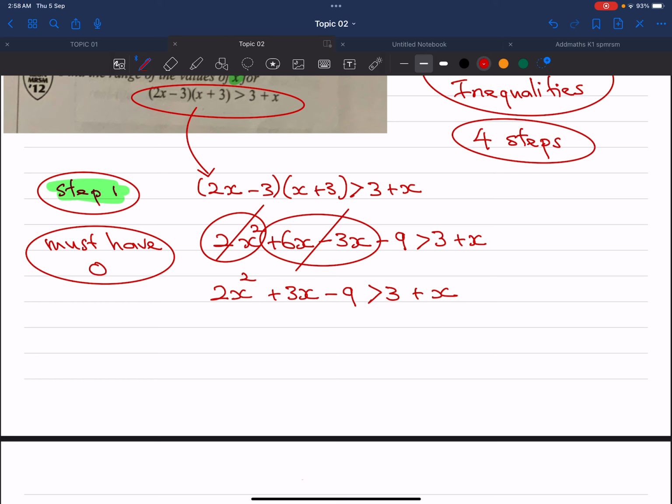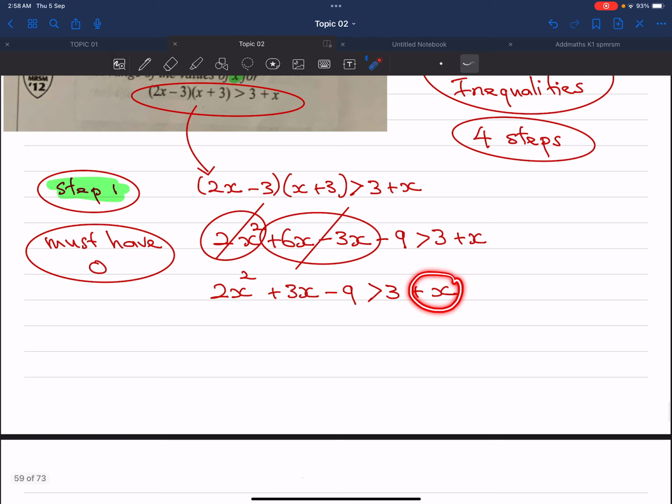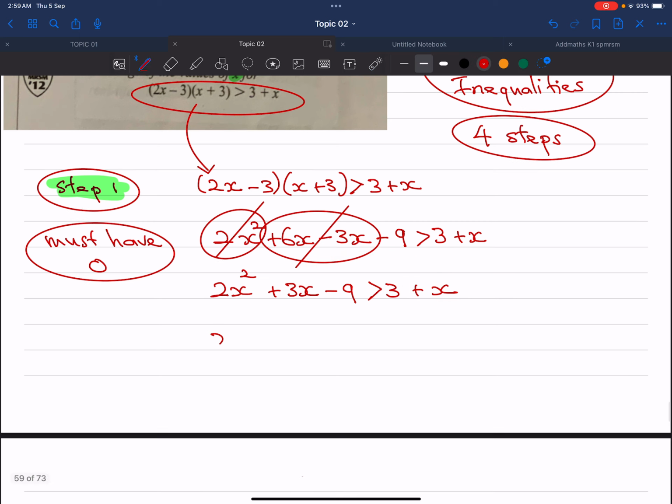Now I'm going to collect the x together. The x on the right side, I'm going to bring it to the left side, which will give us 2x squared plus 3x, plus x transfer minus x, and then we have our minus 9 on the left hand side. I copy back, and finally 3 positive, bring it here, negative 3.